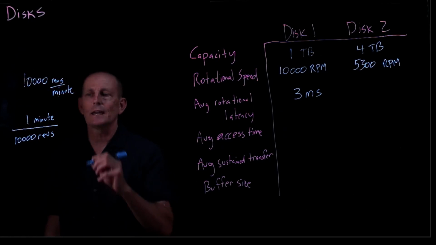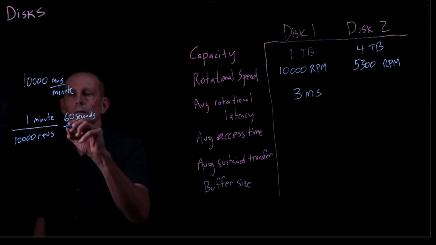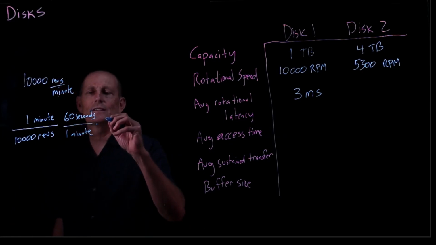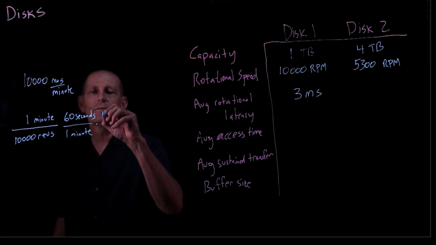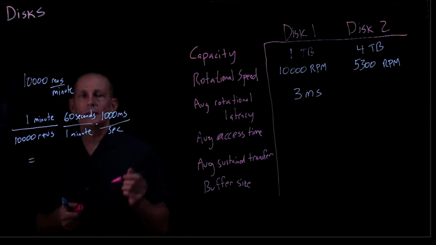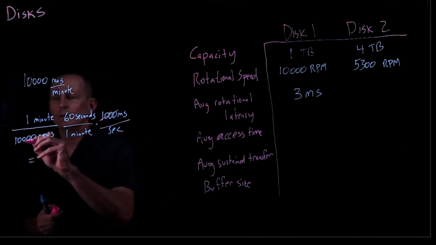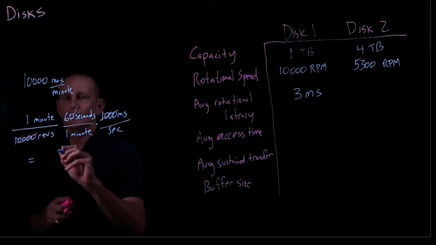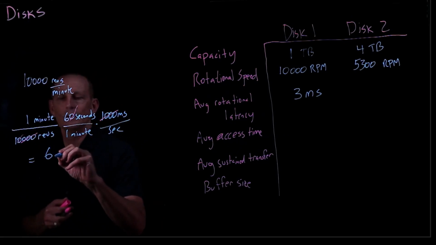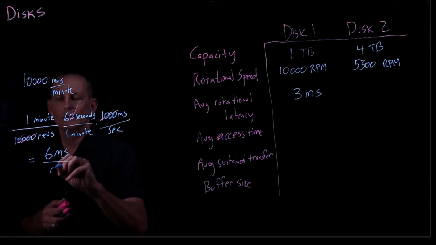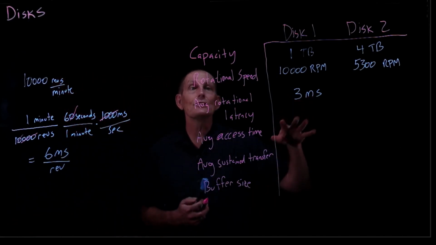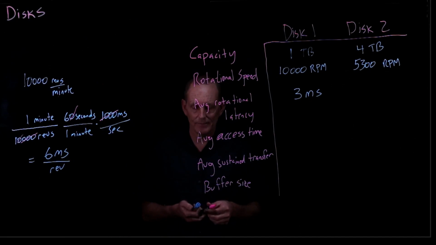Then let's convert that to seconds, and to milliseconds while we're at it. So we cancel the 1,000s, and 1,000, 6. So this just equals 6 milliseconds per revolution. How did we get 3? Because the average is a half. So that makes perfect sense.